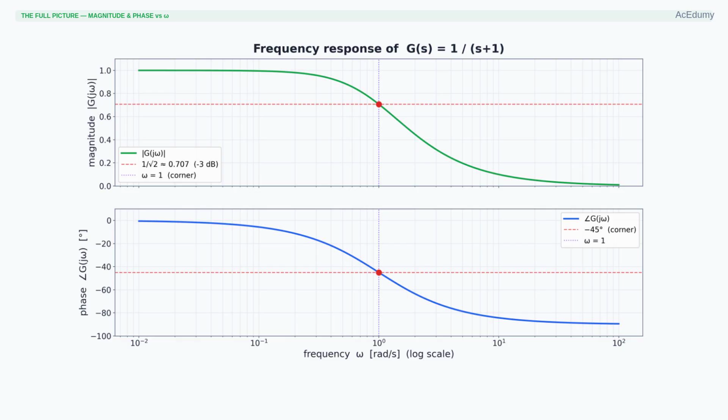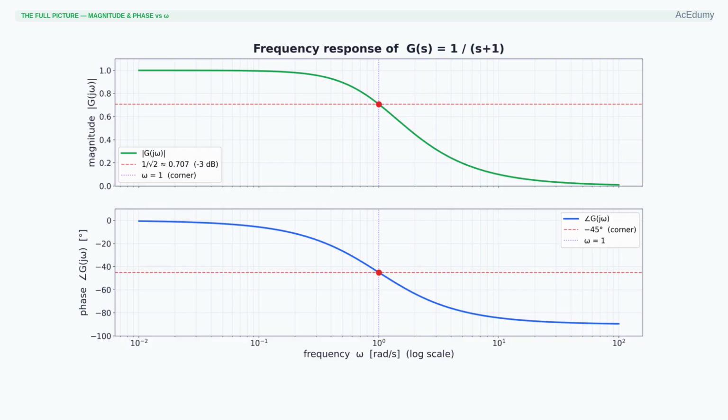The frequency response is not just one number. It is a function of omega. For each omega from 0 to infinity, we get a magnitude and a phase. Plot both, and you have the complete fingerprint of the system. For our example, g equals 1 over s plus 1.